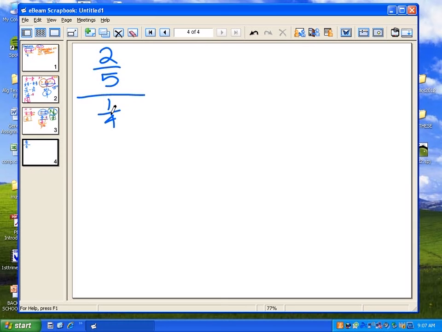So first you have to put them into a multiplication by their sides. Okay. So I want to rewrite it so that it has a division sign. So this reads as 2/5 divided by 1/4. And so I'm going to write it that way. 2/5 divided by 1/4.